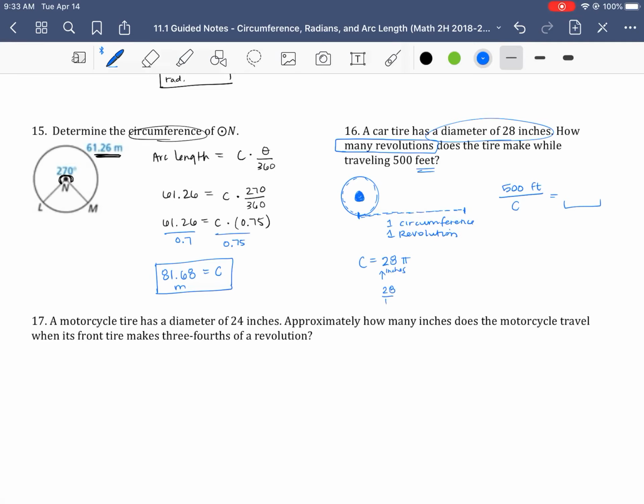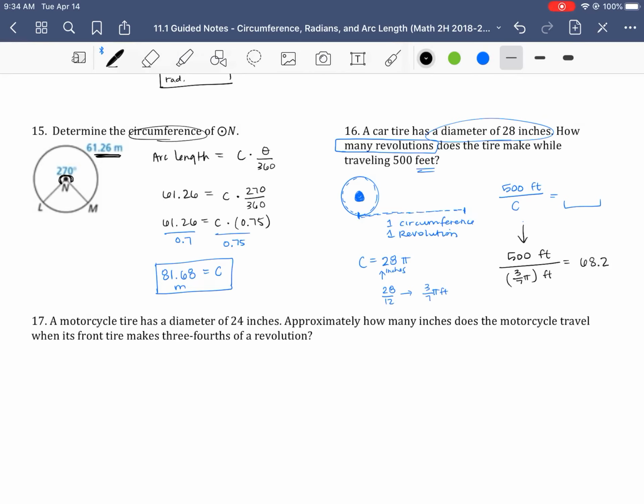So 28 divided by 12, well, that's the same thing as 3/7 feet. So our circumference in feet is going to be 3/7 pi feet. So we're going to take 500 feet, divide it by 3/7 pi feet, and that will give us the number of revolutions.